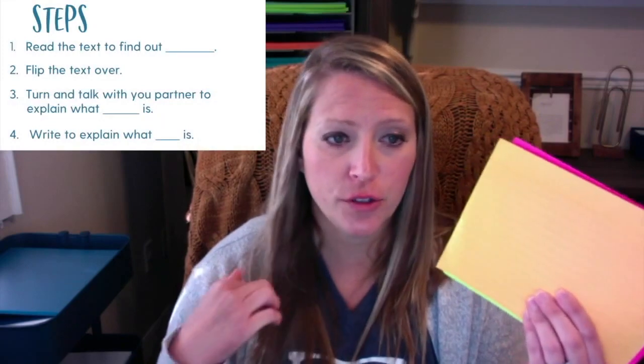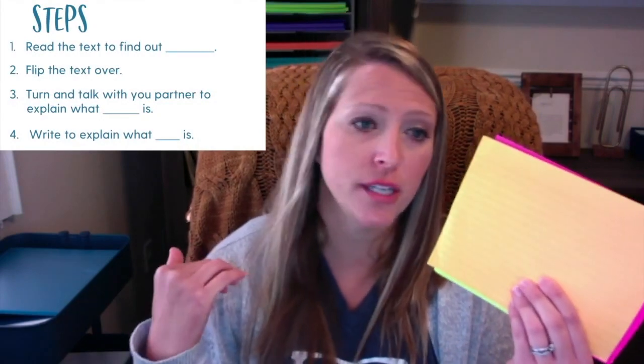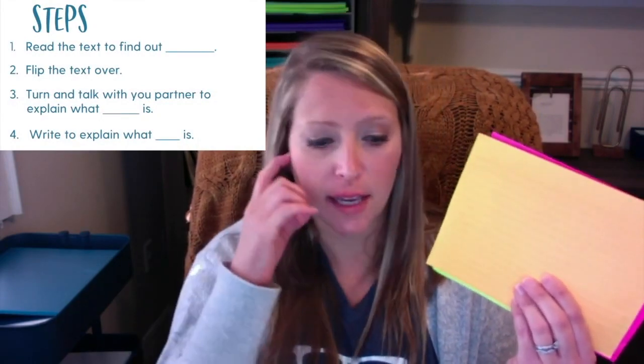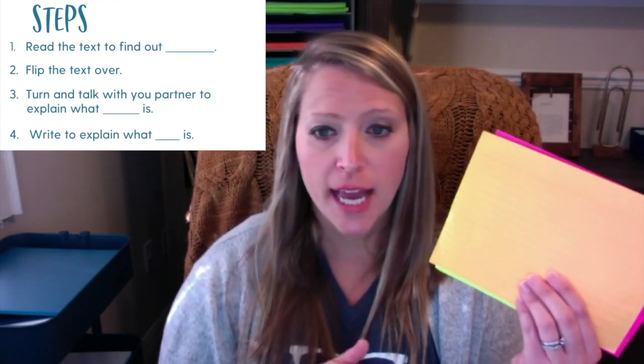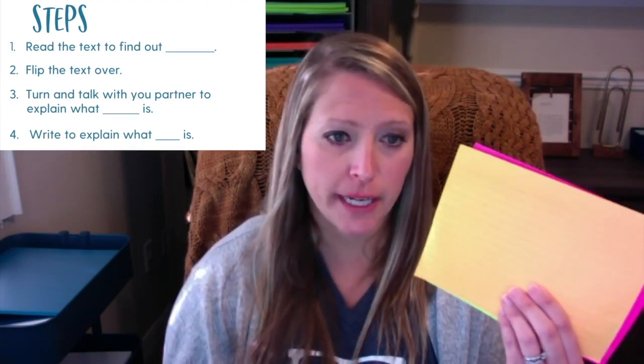So on the Post-it note or in their writing notebook or wherever you're having them write, you could use index cards or little Post-it notes, depending on how big of a concept it is going to take them to explain. They're going to be working together to make sure they're using complete sentences and capital letters, and really explaining what it is.